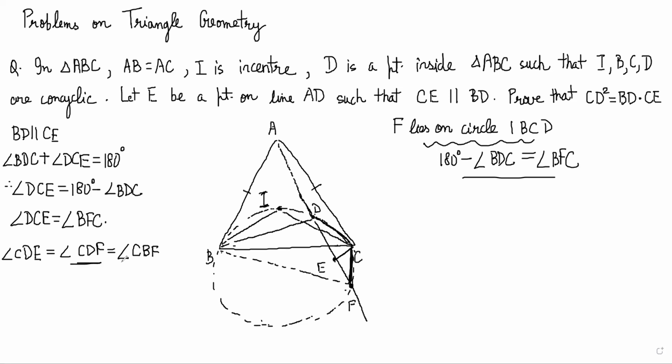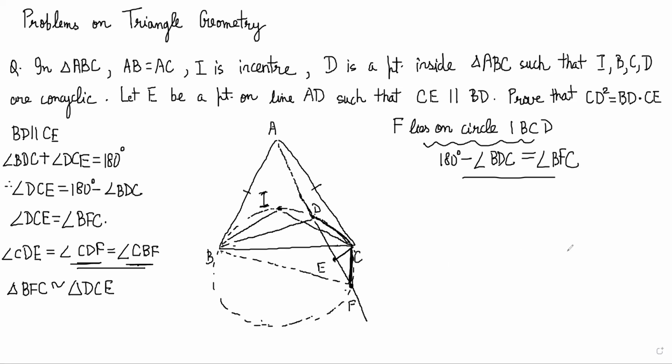Why is CDF equal to CBF? Because CDBF are cyclic. Therefore, CDF is the angle by the arc CF, which is the same as the angle CBF, right? So these two angles are equal. Therefore, triangle BFC is similar to triangle DCE.